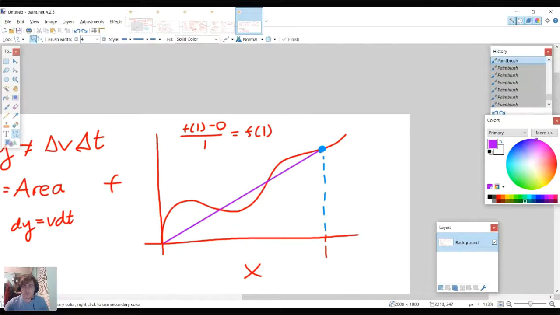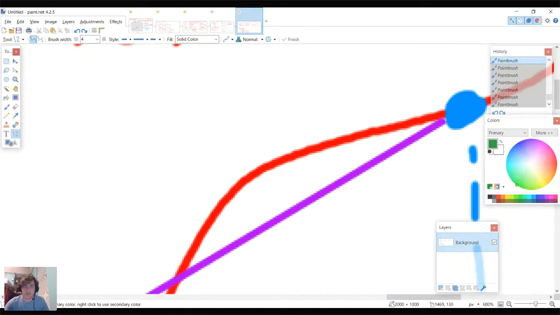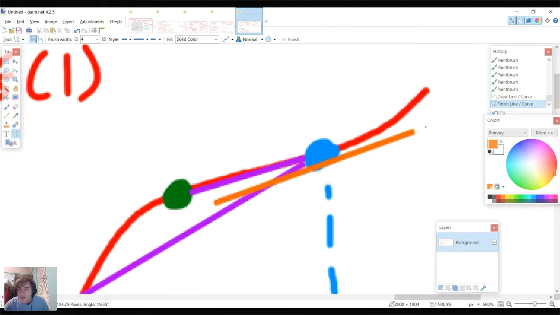Let's say we wanted to find the slope from a point closer. It would look like that. And then when we look at the slope of the line tangent to the graph at that point, it would look like that.